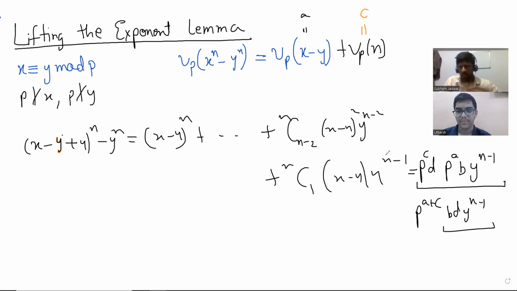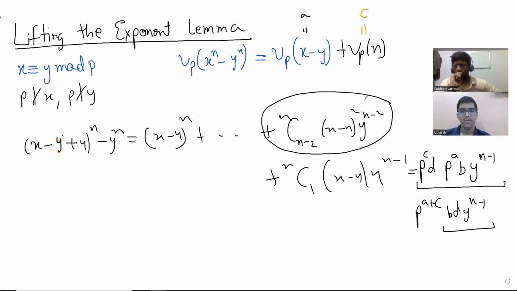So p divides a plus c, but now the other terms can become interesting, right? If some higher power divides the other terms, it will not divide this term. But does it divide the other terms? That's the thing. In this case, it becomes different. Am I incorrect? Will n always divide NC1, NC2?